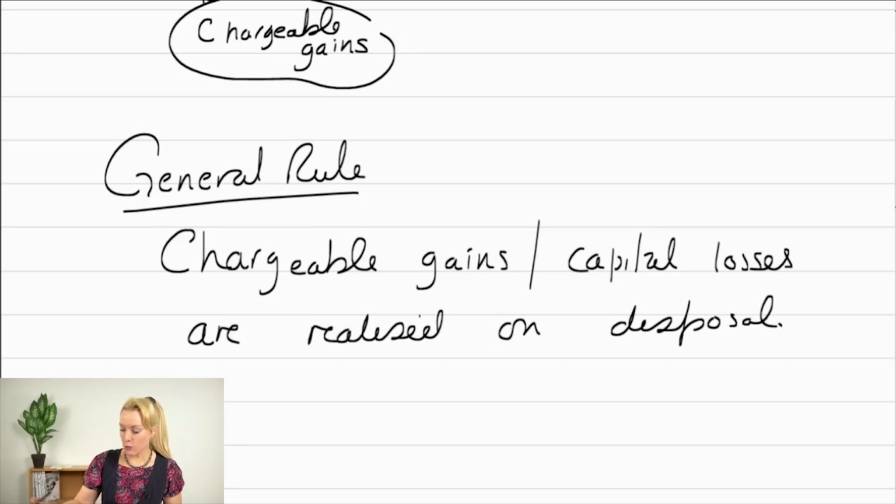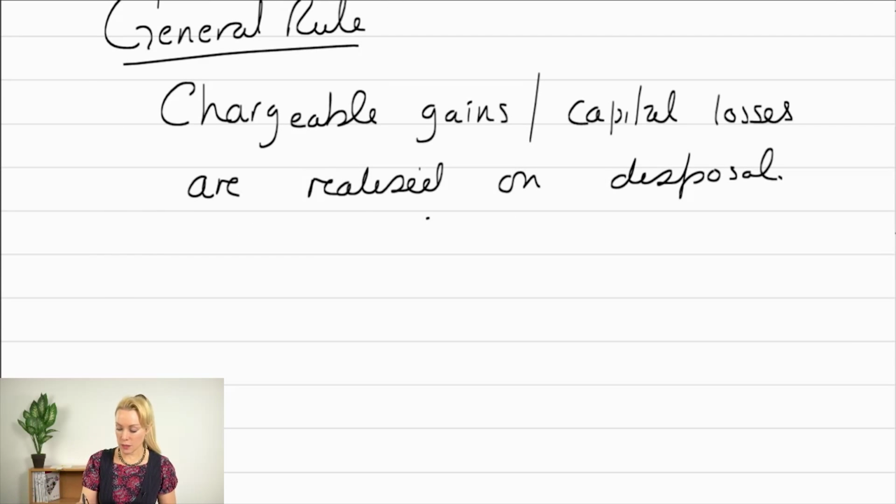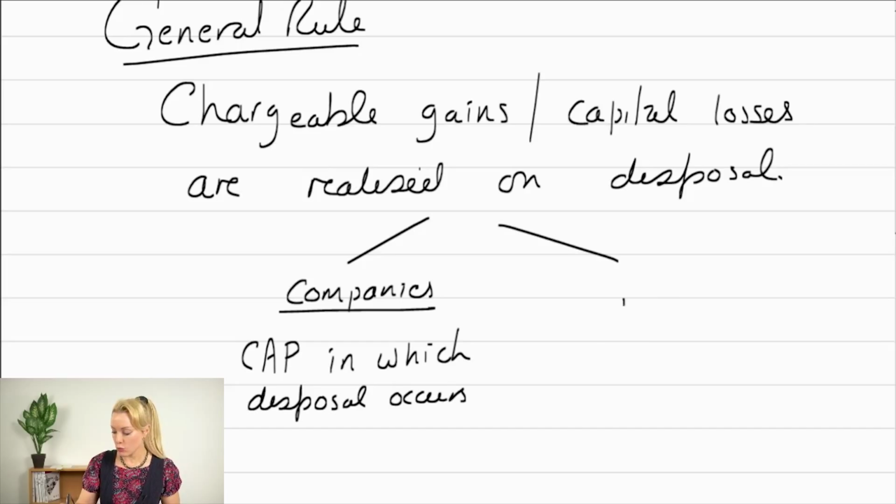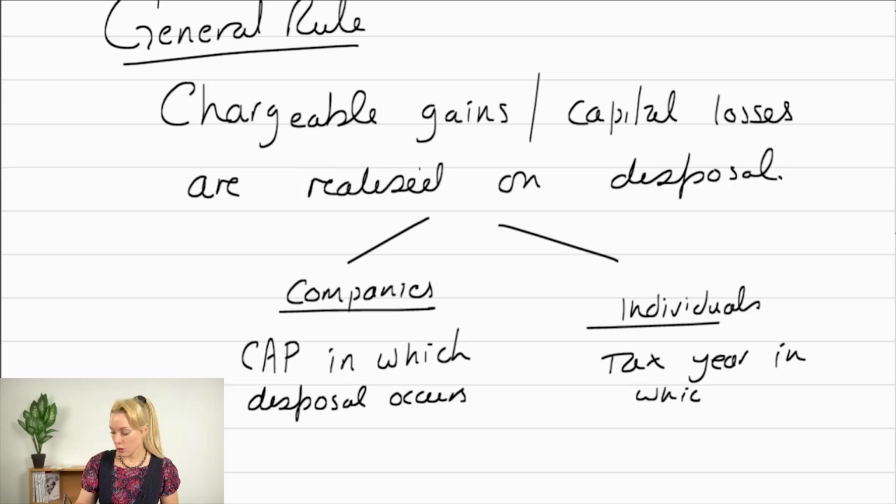If we're talking about companies, then for companies it would be the accounting period in which the disposal occurs, and for individuals it is the tax year in which the disposal occurs.